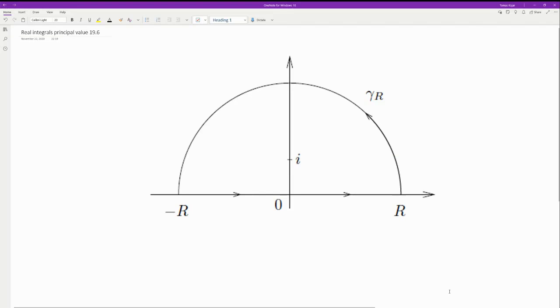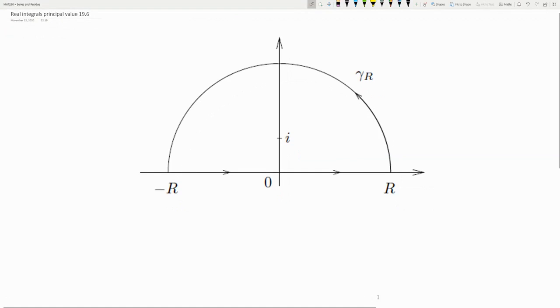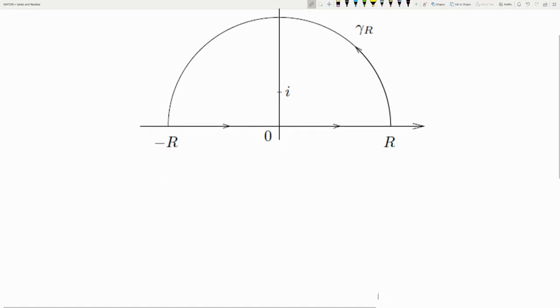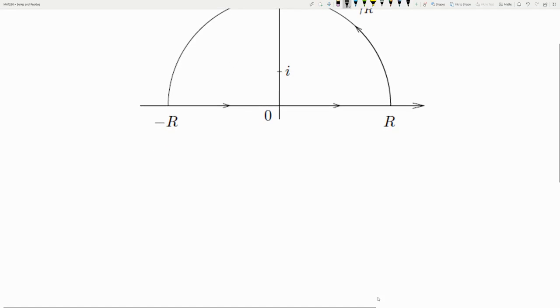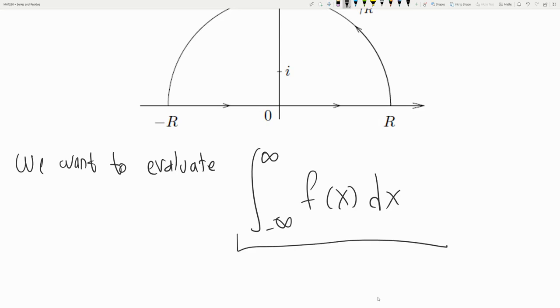Okay, so now finally we go into the last topic, principal value. We want to evaluate the integral from minus infinity to infinity of f of x dx.